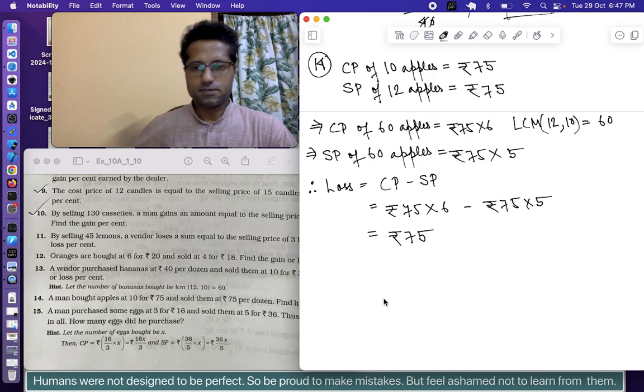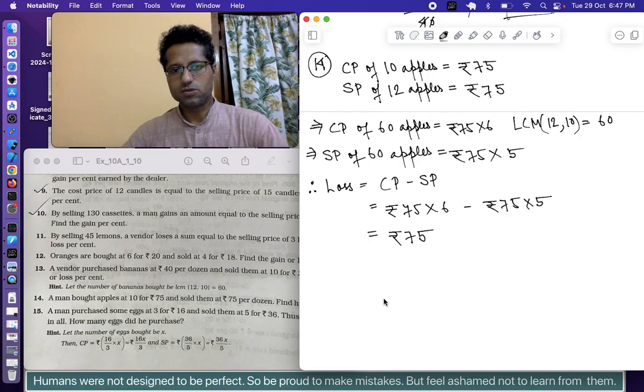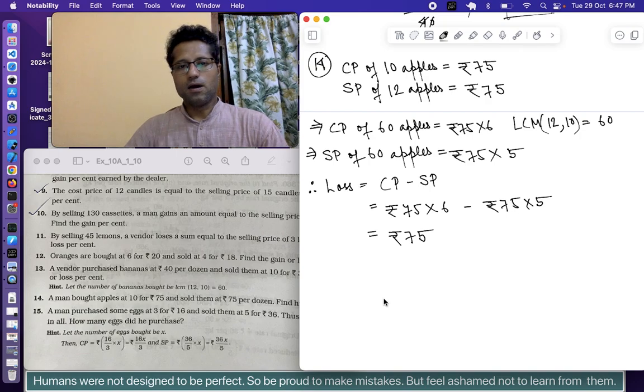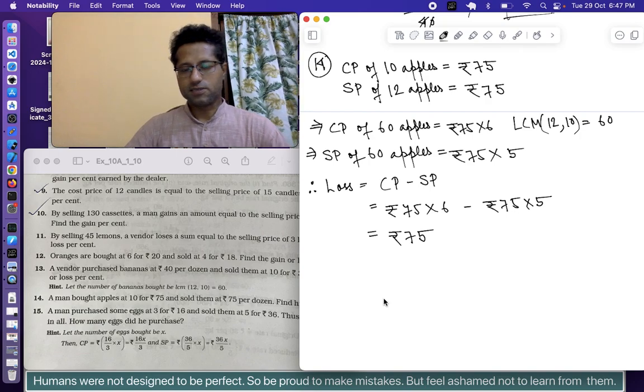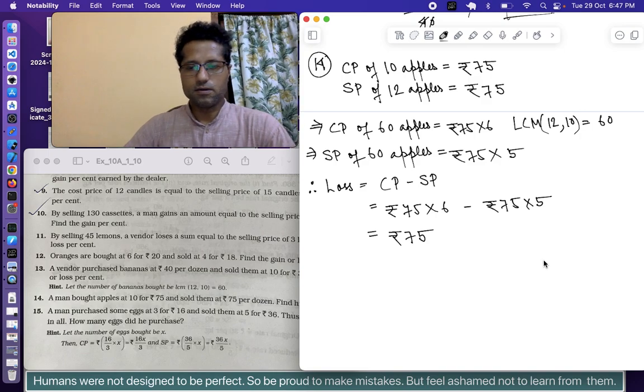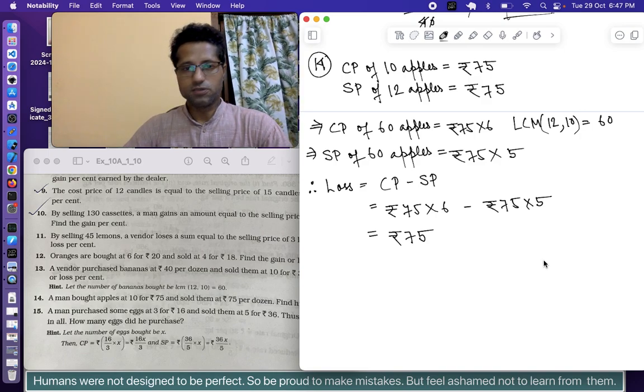So loss is this, and this loss of rupees 75 is based on the cost price of 60 apples, which is rupees 75 multiplied by 6. I have deliberately kept the 75 multiplied by 6 as it is, as it will help in doing cancellation further in the calculation in the next steps.